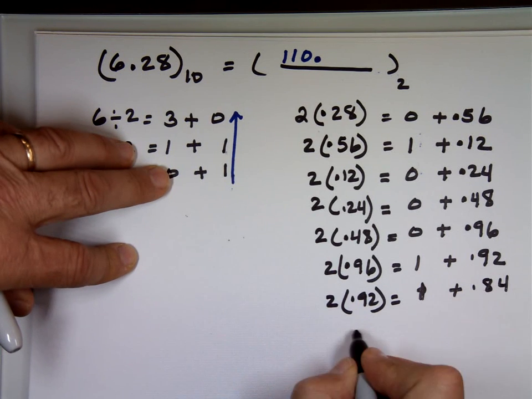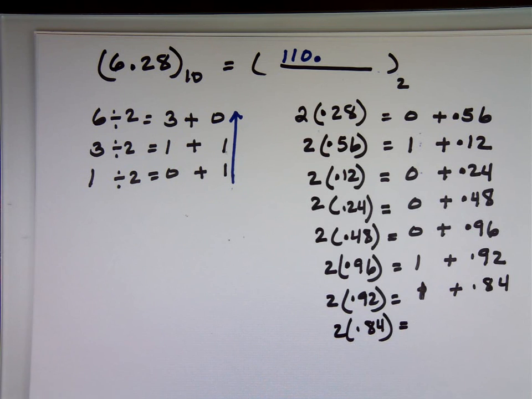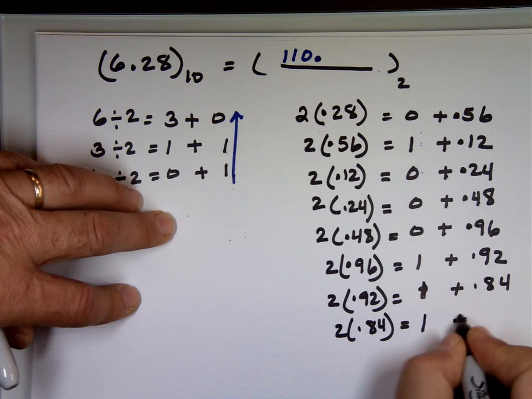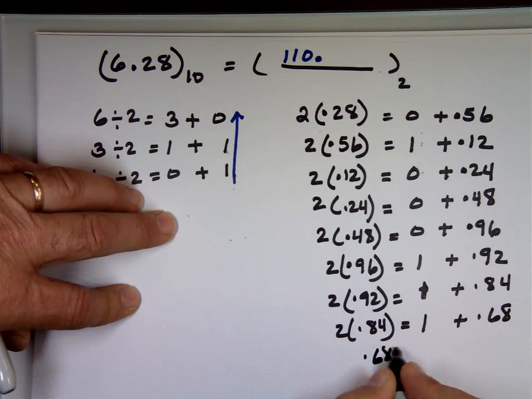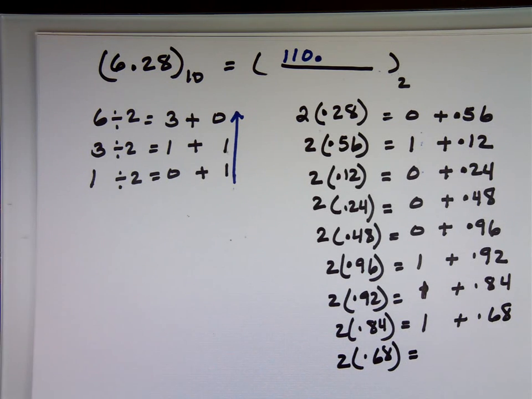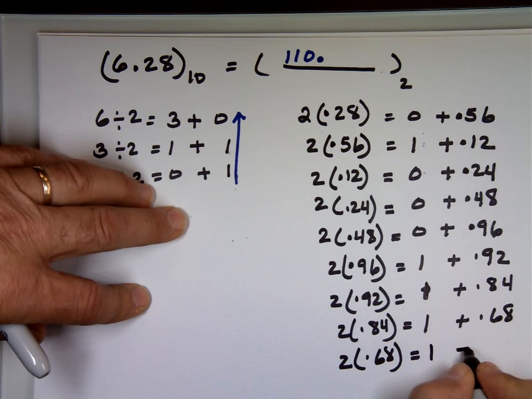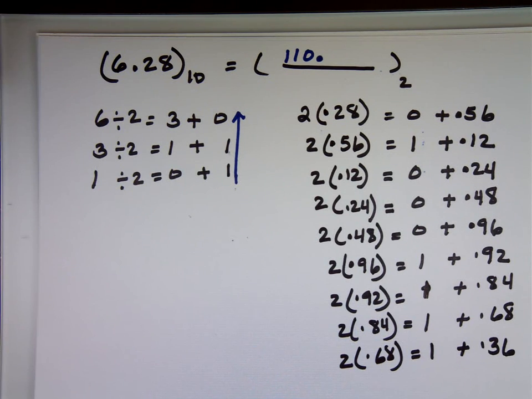Now the 0.84 times 2. 1.68. 0.68, hopefully will repeat or stop in a minute there. Multiply it by 2. 1.36. So you can see why we have to read this top to bottom, because it might not end.